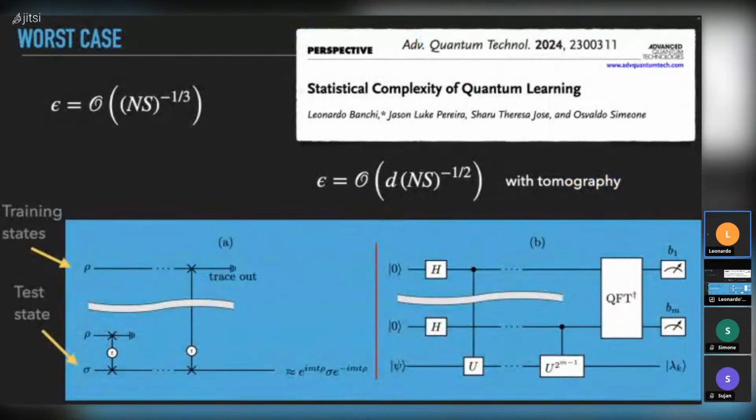We have some results in this paper where we show that if you use complicated quantum algorithms based on basically phase estimation and some other tricks, you can avoid the exponential complexity and just have an error like this. But normally you don't want to put all your training states in a quantum memory together with a test state.